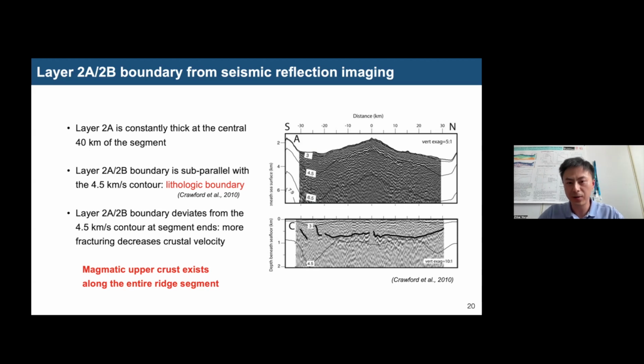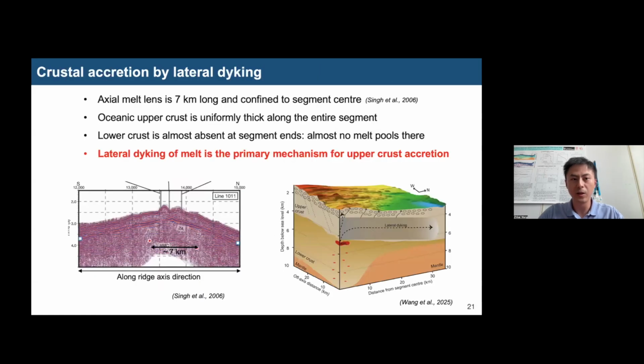So all these observations, overall, suggest we do have a magmatic upper crust along the whole ridge segment. Now let's take all the observations together. We observe the axial melt lens is 7 kilometers long and confined to the segment center, but the ridge segment is 30 kilometers long.